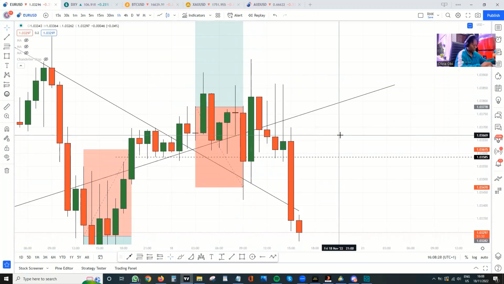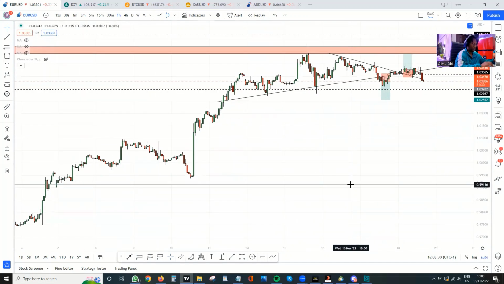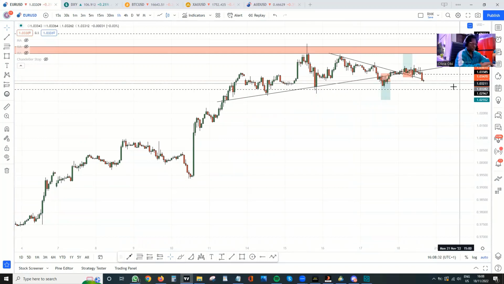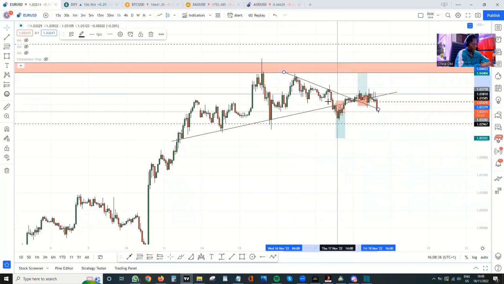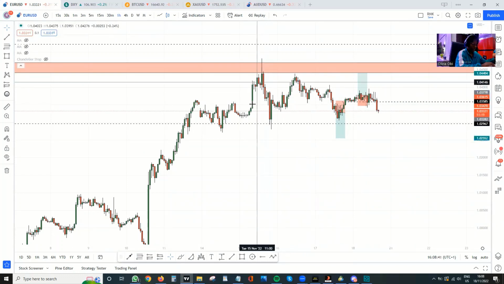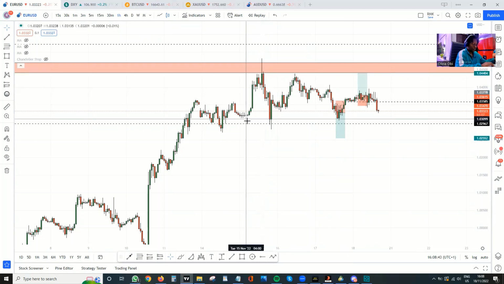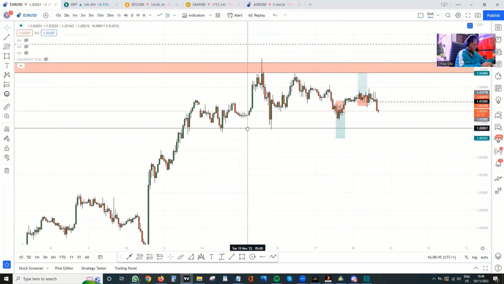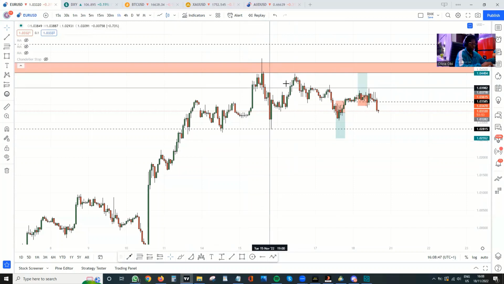So I was really frustrated, and then I decided to look back and see what is going on, and all I can see is that if I remove this and this, I decided to treat from here to here as consolidation, right?